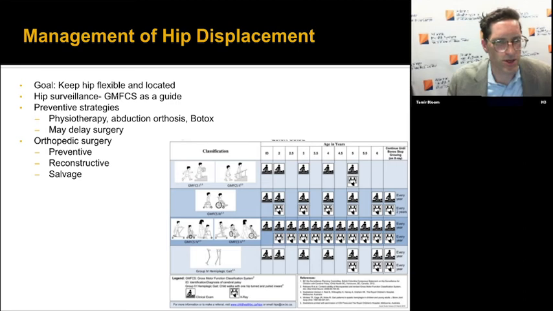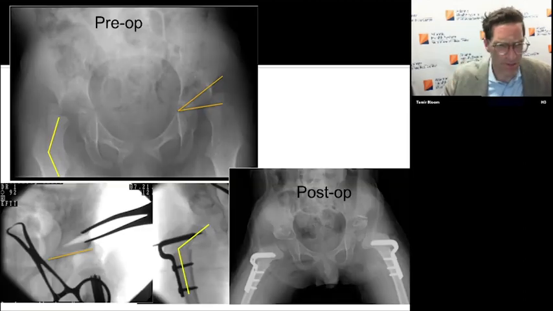Here's an example of a child with bilateral hip dislocations who underwent bilateral femoral osteotomies to realign, reposition their hips, as well as acetabular-plasties to reduce the volume of the acetabulum to help constrain the hip, because many of these children will have increased volumes of their acetabulum.